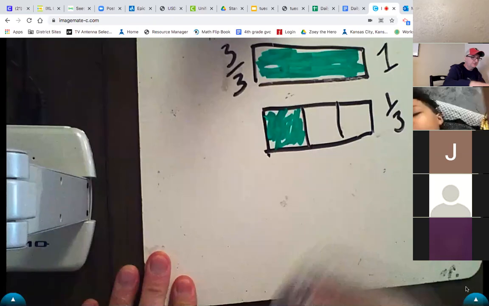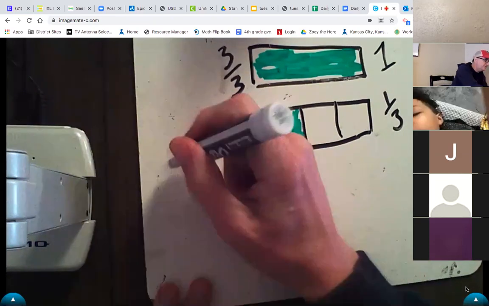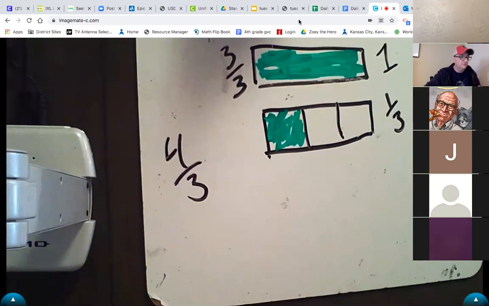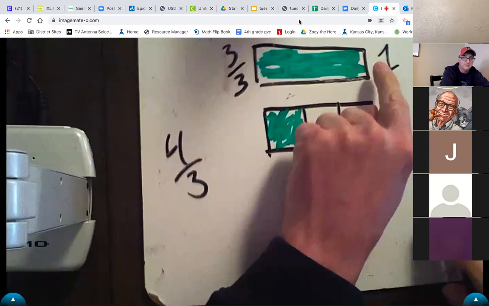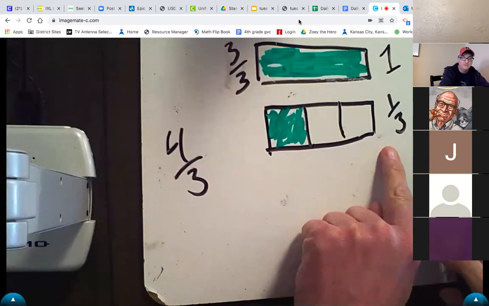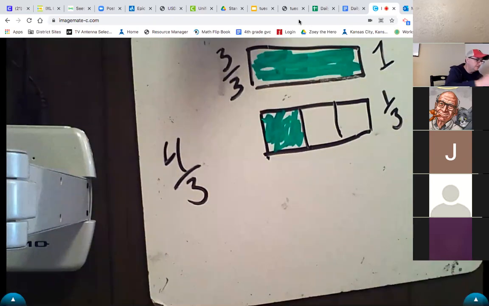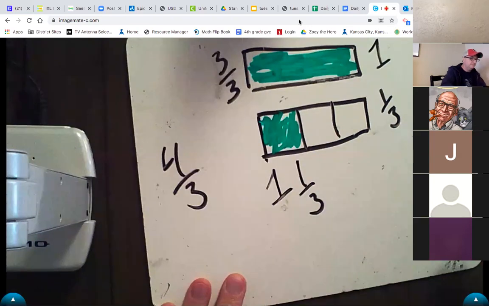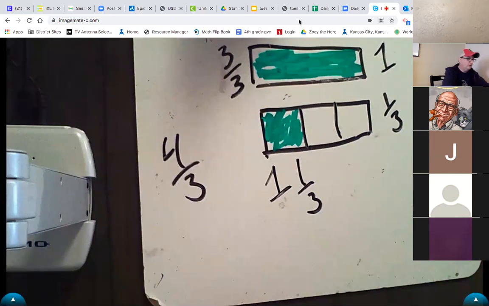So we know that this is 4/3, but then it's something else too. Again, anytime numerator and the denominator are equal, we just call it 1. So we could say we've got 1 here, and we've also got 1/3, which is 1 and 1/3, right?